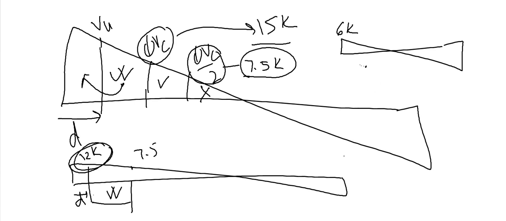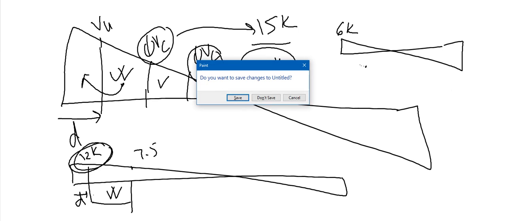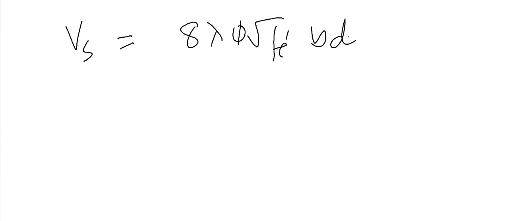Something else I did not tell you, very quickly. Vs cannot exceed this value. For some reason, if you get your Vs more than this value, your section is not adequate, because it still cannot take more than this.